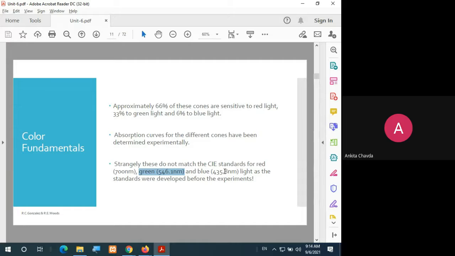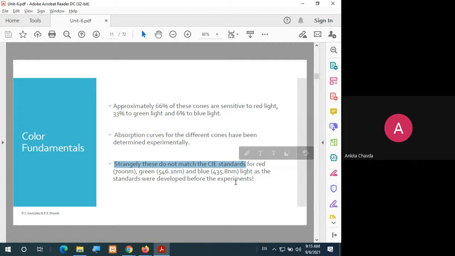They did their experiment first, and based on that they gave this, so there is a mismatch. Approximately 66% of the cones are sensitive to red light, 33% to green light, and only 6% to blue light. That is why for signals we also use red and green. The absorption curves for the different cones have been determined experimentally, and strangely, they do not match the CIE standards.